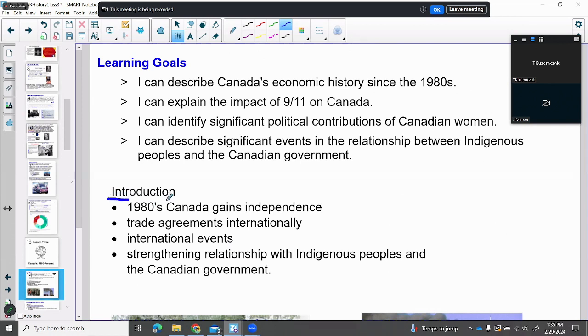Okay, so lesson 3, we are now looking at 1980s Canada, where Canada gains independence, and trade agreements happening not just within Canada, but internationally. So looking at international events, and also strengthening relationship with Indigenous peoples and the Canadian government.